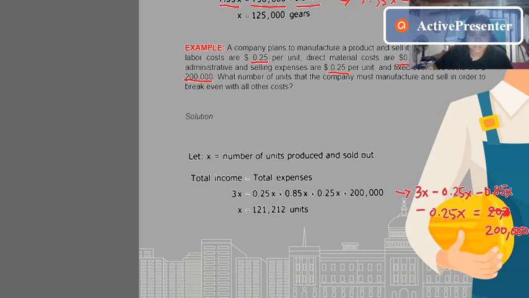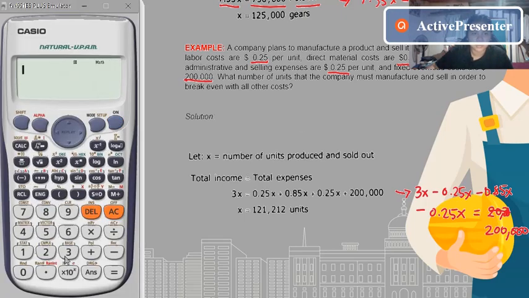We subtract the same variable values: 3 minus 0.25 minus 0.85 minus 0.25, which will be 1.65.